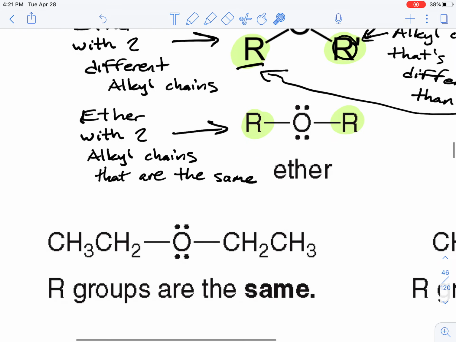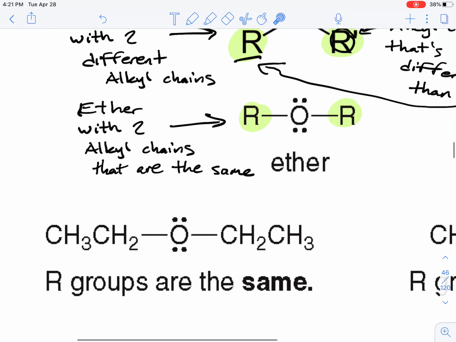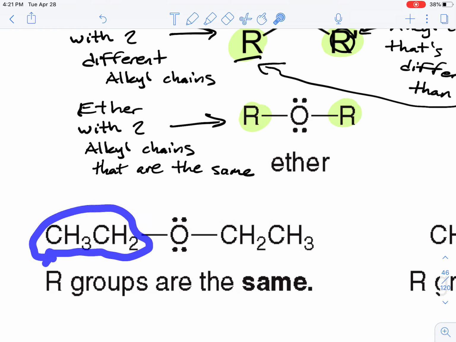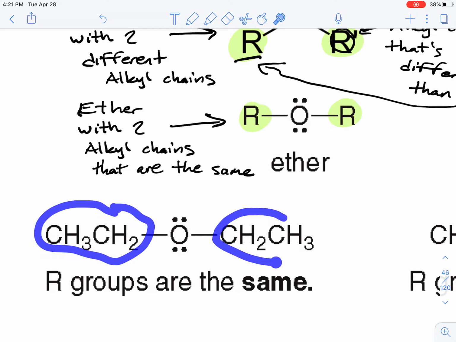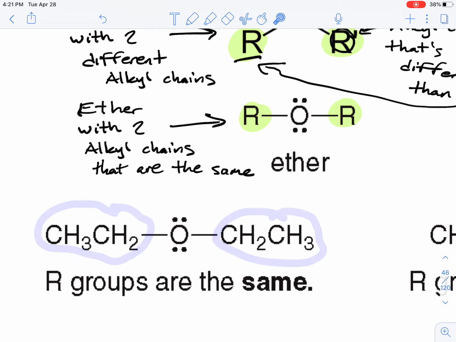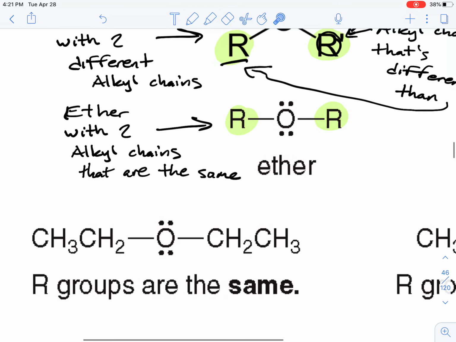Just to demonstrate the point with actual structures, here we have this ethyl. Notice that this ethyl on the left of the oxygen is the same as this ethyl on the right of the oxygen. So these R groups are the same, and we would represent them as just R and R if we wanted to generalize this specific structure.